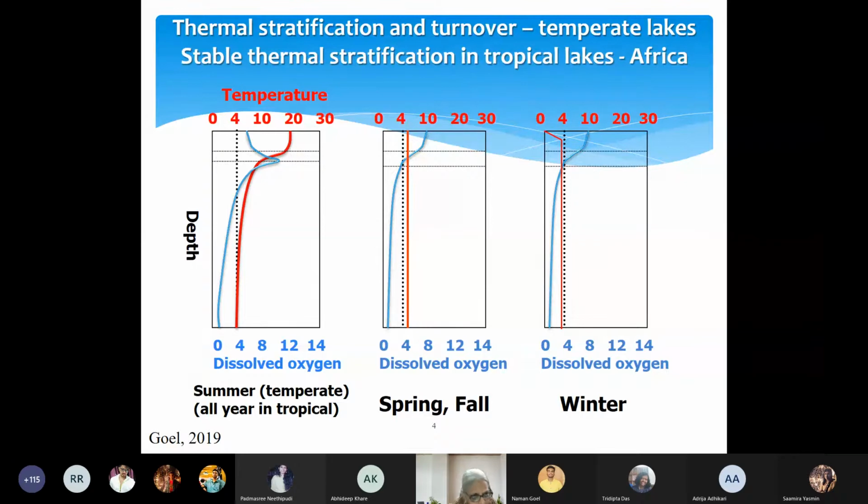There will be complete mixing, because this profile, which was based on the temperature and the density gradient, breaks up. Remember that we are now moving from low density to high density.